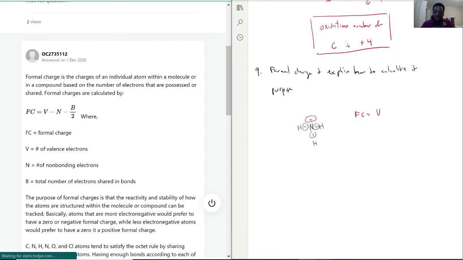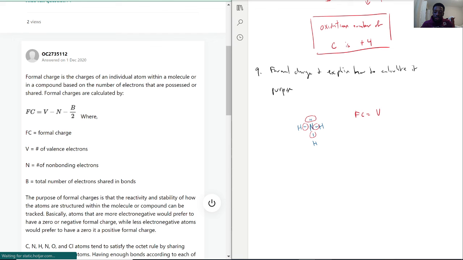I like to think of it as lone pairs times 2, but for non-bonding electrons, you just count exactly how many electrons aren't bonding anything. And then plus, because I put it in the brackets, the number of electrons shared in the bond, divided by 2. Because if you're sharing them, you're technically having one. You don't know which one you're having, but you're kind of having one of those two.